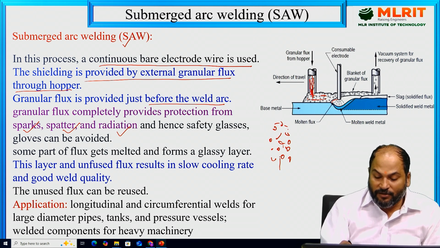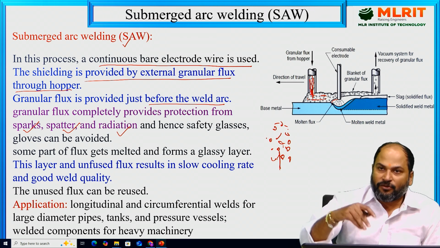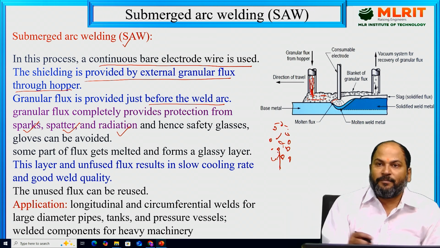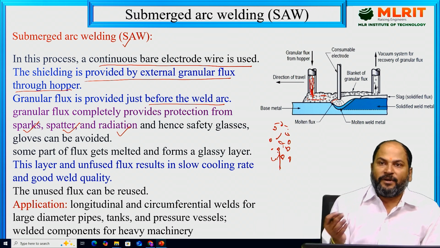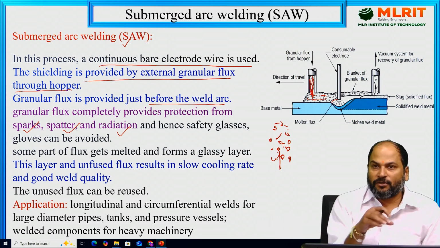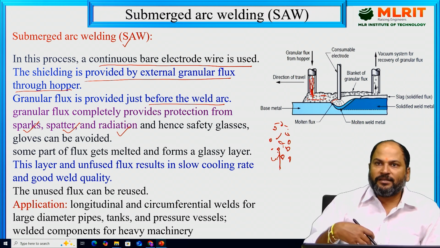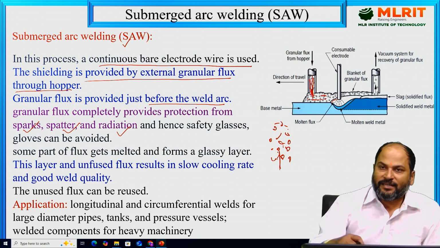If my torch is going inside, whatever arcs are there are completely covered by this flux. So there will be no spatter coming out, and no radiation. Although the welder does not need to cover his eyes or wear safety equipment, because the arc is completely covered.